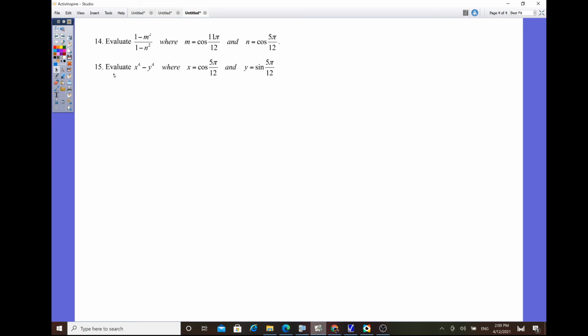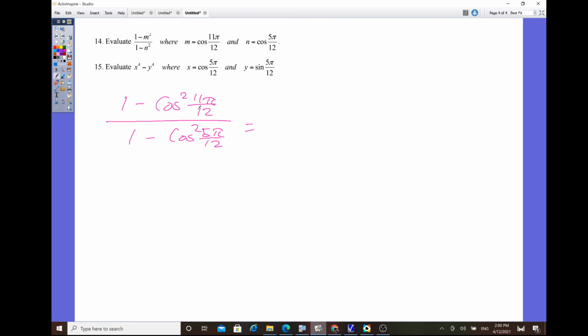So what we found there, it's 1 minus cosine square of 11 pi over 12, all over 1 minus cosine square of 5 pi over 12.